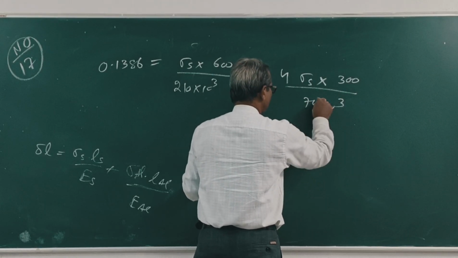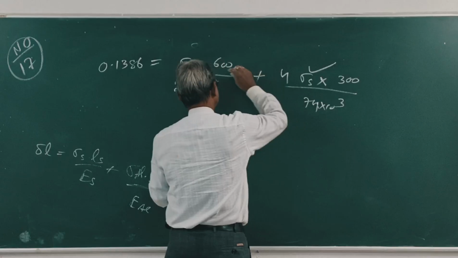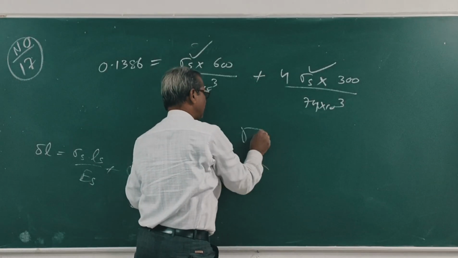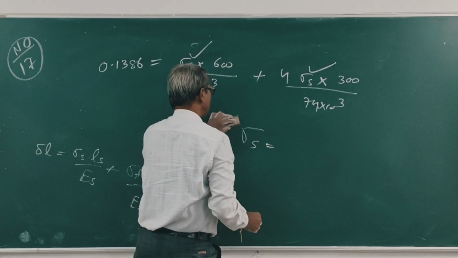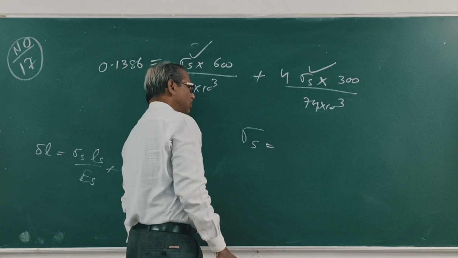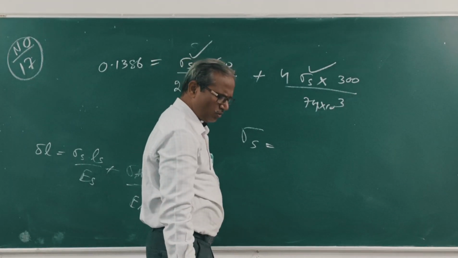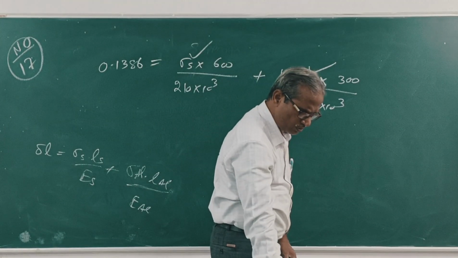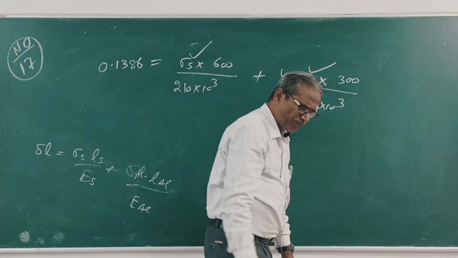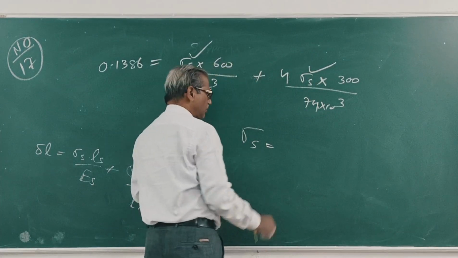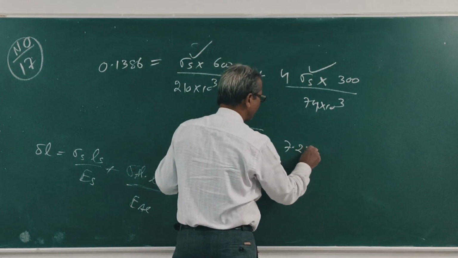From this equation we find out sigma s. What is sigma s equal to? Sigma s is equal to, could find out, 7.27 Newton per mm square.